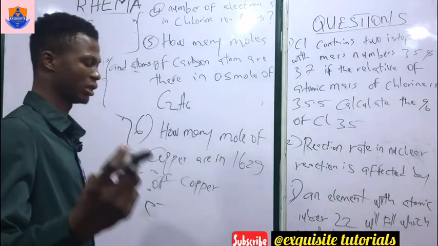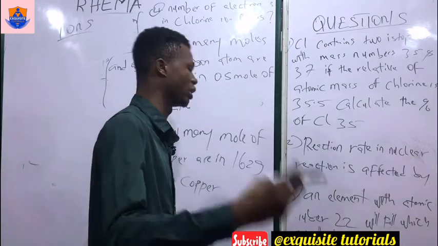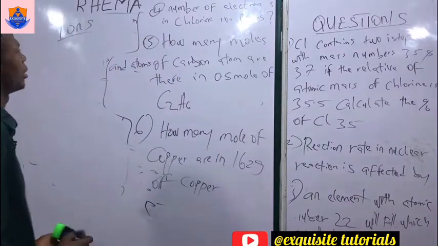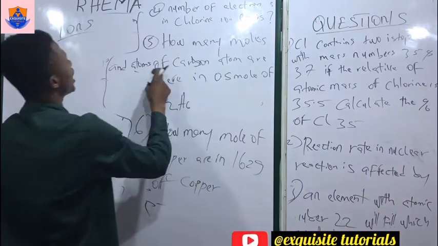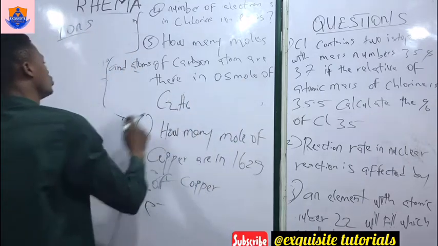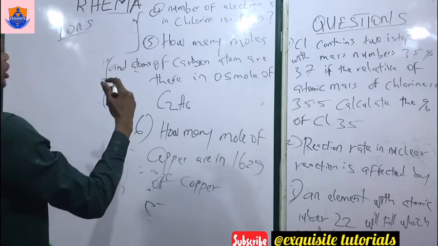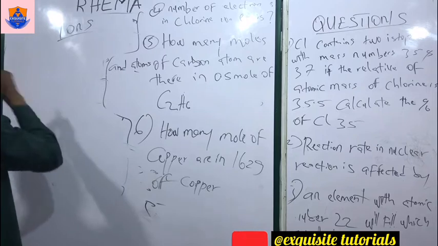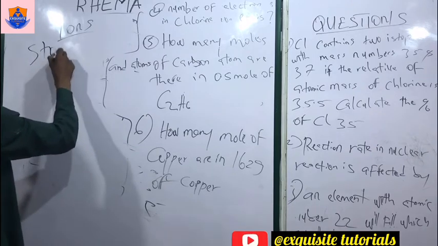What else should we talk about? We have talked about an atom, element, proton, and the rest. Okay, now let's talk about how many moles and atoms of carbon are there in 0.5 moles of C2H6. Now this one is talking about stoichiometry.